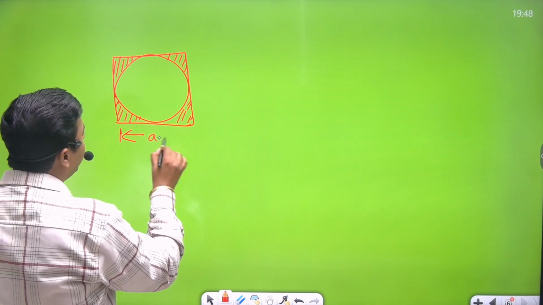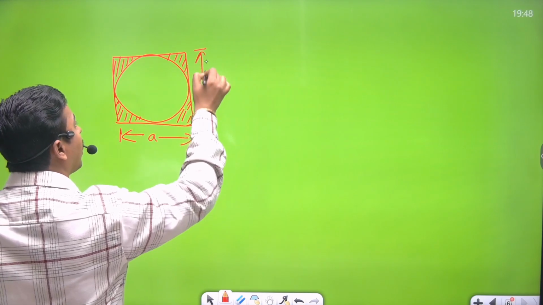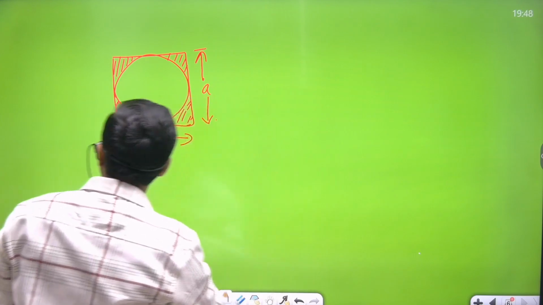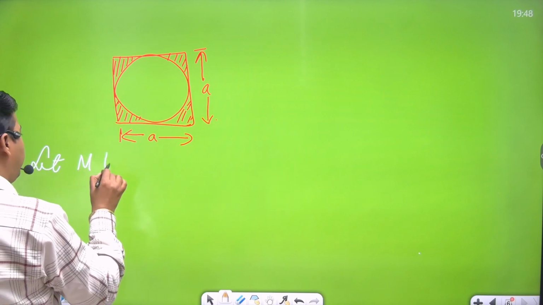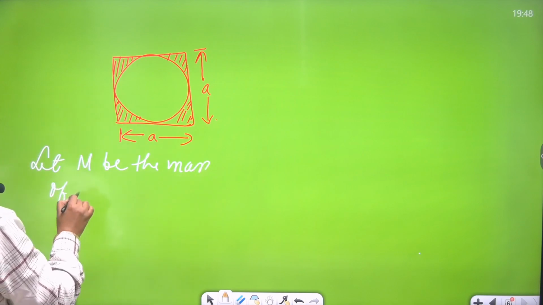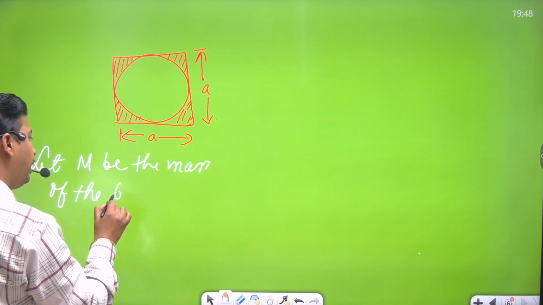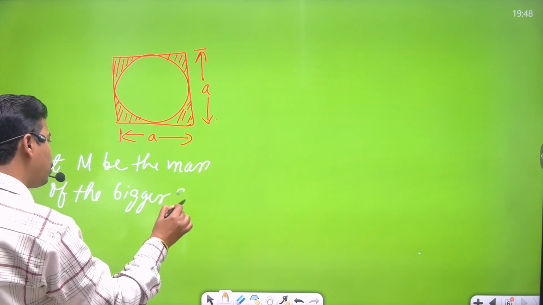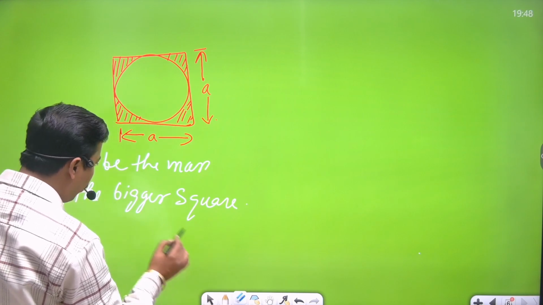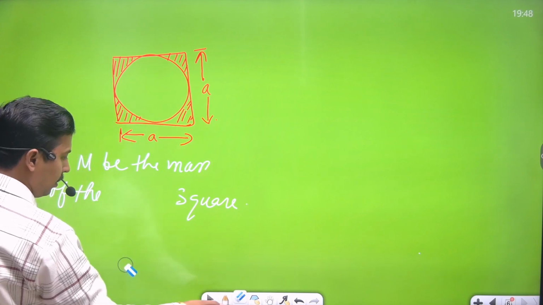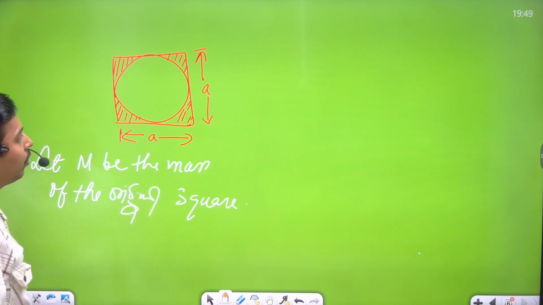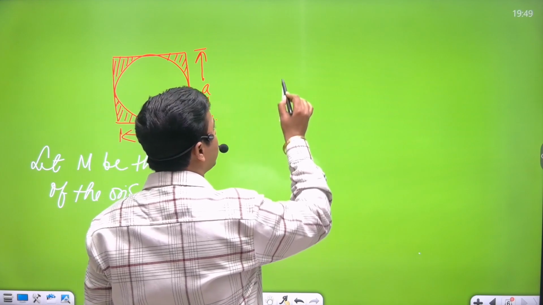The square plate has the side A. So how to solve this? Let us suppose m is the mass of the bigger square, the original square. Okay, how can we solve this?